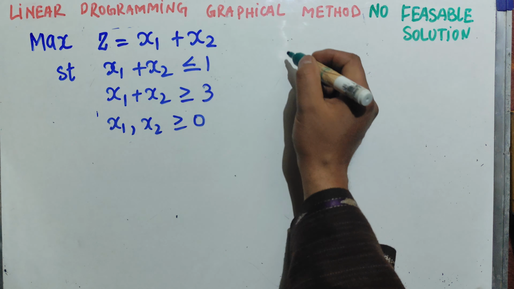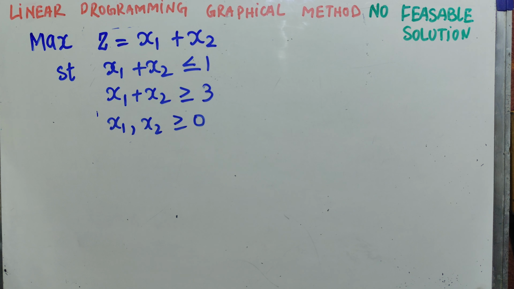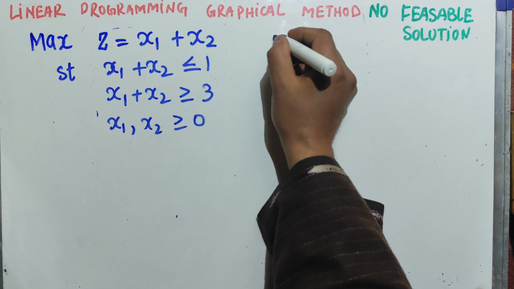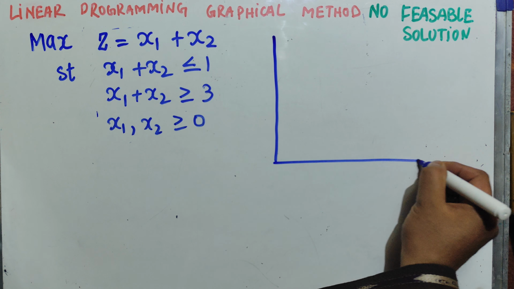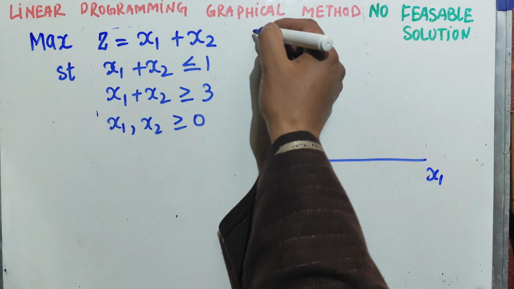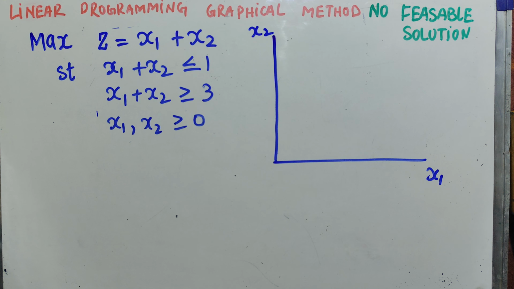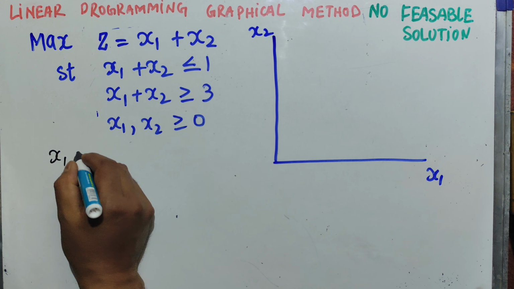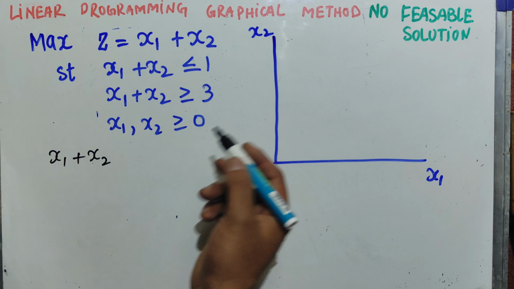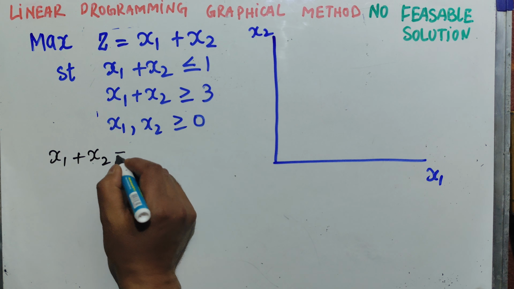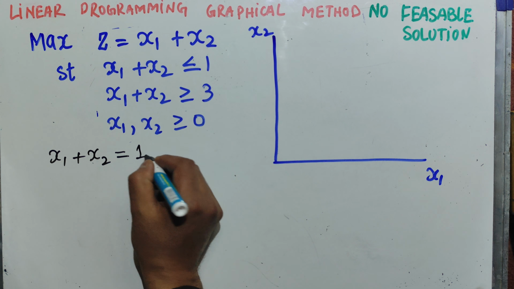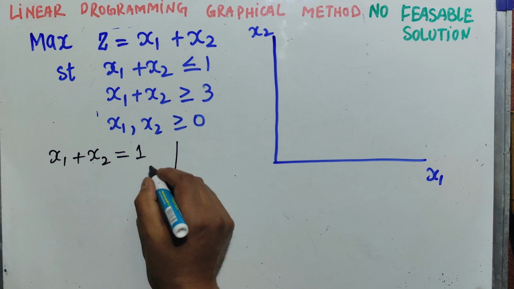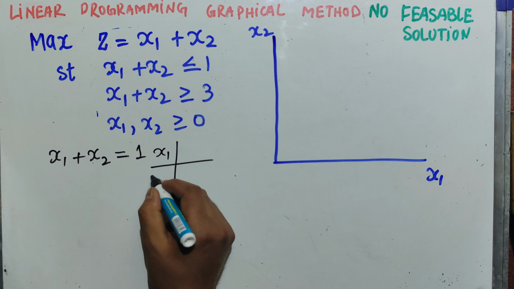Okay, so let us first draw the graph here. So we have x1 and x2. Since we have x1 plus x2, x1 plus x2, to draw the graph we take equality sign here. Okay, so you can see here we have x1 and x2.